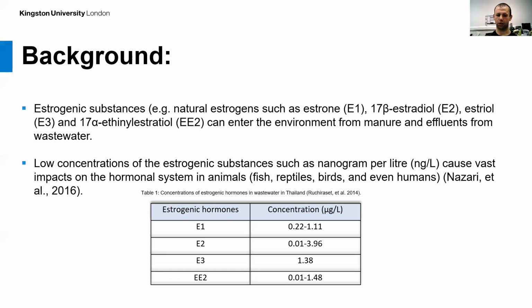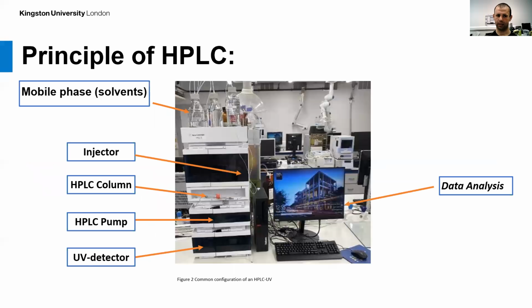A low concentration of estrogenic substances can cause harm to the ecosystem, such as fish, reptiles, birds, and even humans. Table 1 summarizes the concentration of estrogenic hormones in wastewater in Thailand, expressed as microgram per liter.